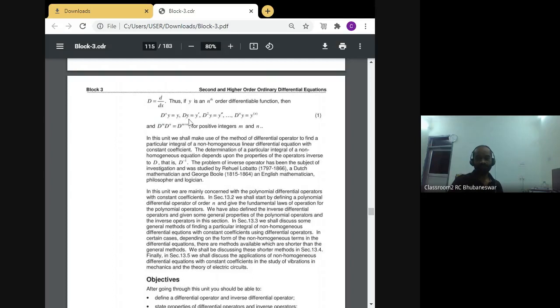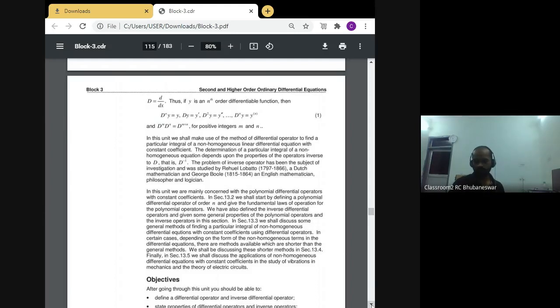Dy means the first derivative, y dash, D squared y means the second derivative, y double dash. Similarly, D to the power n of y represents the nth derivative of the dependent variable y. Some expressions are given: D to the power m into D to the power n equals D to the power m plus n. These are the standard operations, or algebra, of the differential operator.